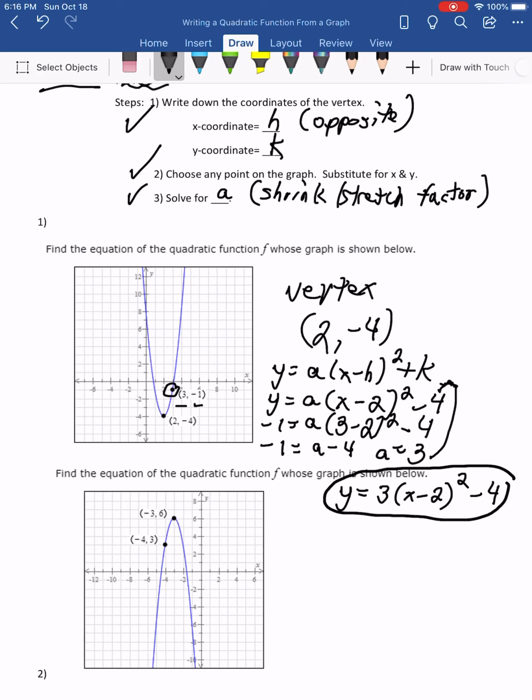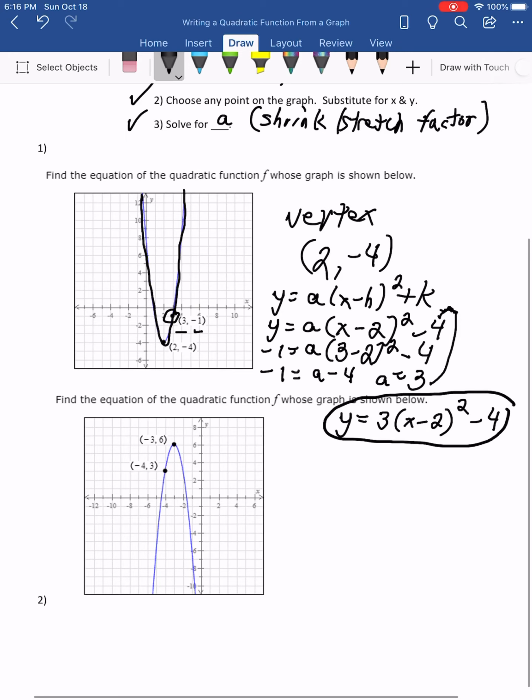And notice the leading coefficient is positive here, which is what we expect because we've got a smiling parabola. Okay. Likewise, in number 2, we're going to expect that leading coefficient to be negative because we have a frowning parabola.